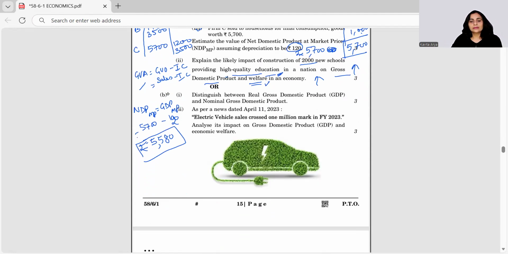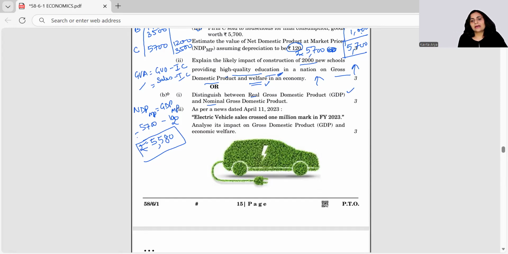Now, the OR segment says distinguish between real GDP and nominal GDP. So it's a clear question. You can talk about how real GDP is adjusted against inflation, and nominal GDP is not adjusted against inflation. Real GDP is a good indicator to measure the success of a nation, right?